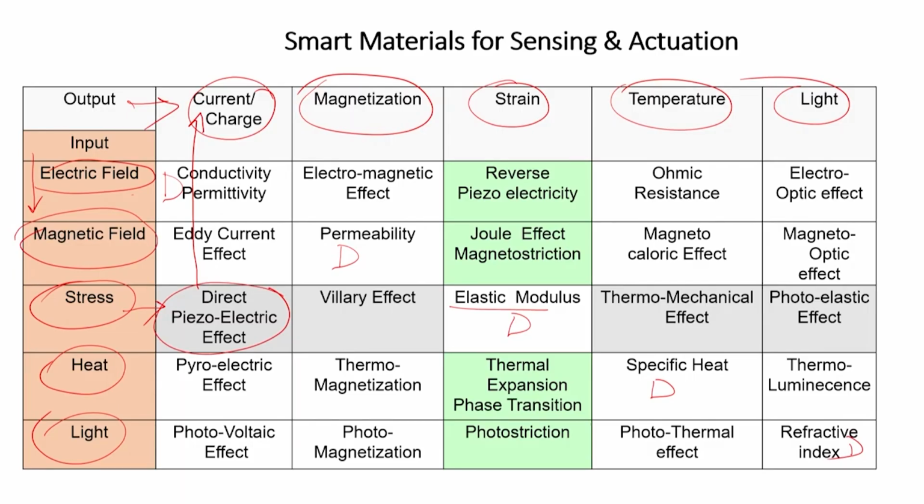Similarly, for some material, the change of stress can create a Villari effect, which will create a change in magnetization. For yet another material, the change in stress can create a change in temperature, and for some other it can create a change in light. These can all be used as sensors.